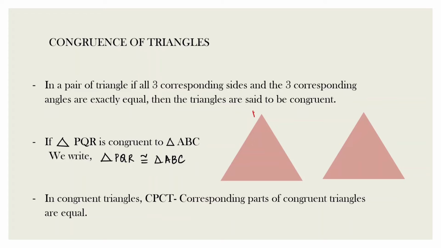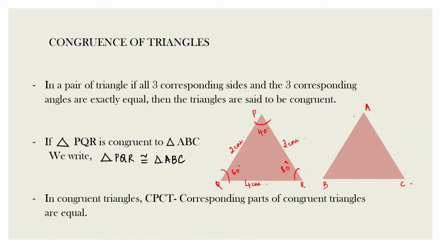Let's say the first triangle is P, Q and R, and the second triangle is A, B, C. In triangle PQR, side PQ is 2 cm, side PR is 3 cm and side QR is 4 cm. Also, angle P would be 40 degrees, angle Q would be 60 degrees and angle R would be 80 degrees.